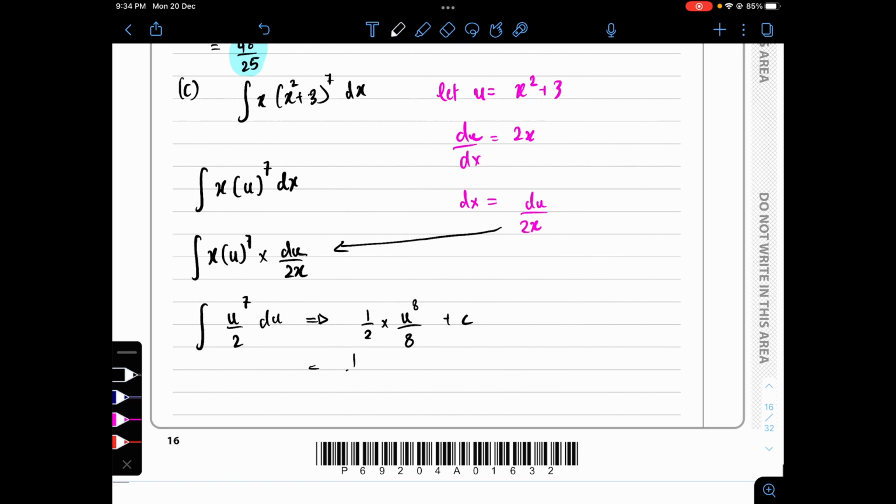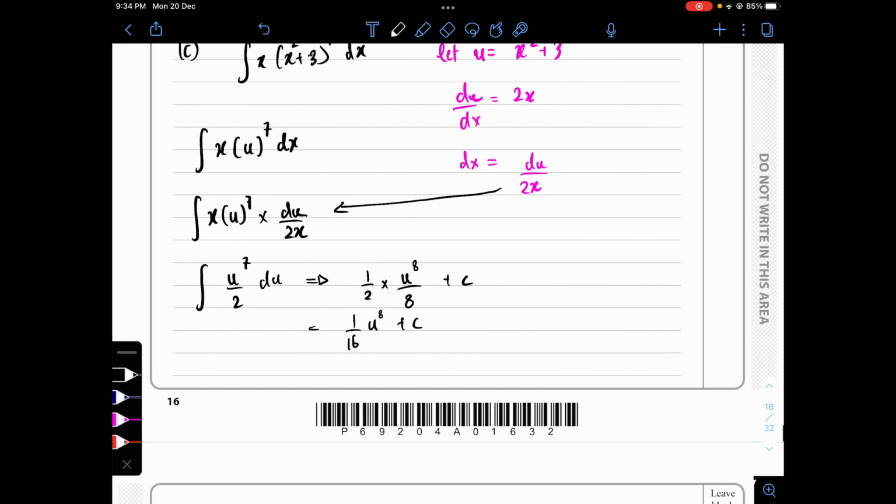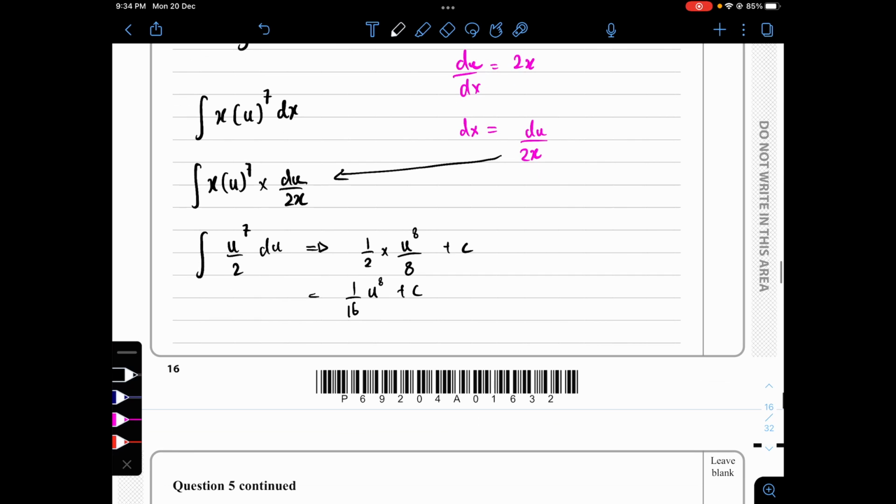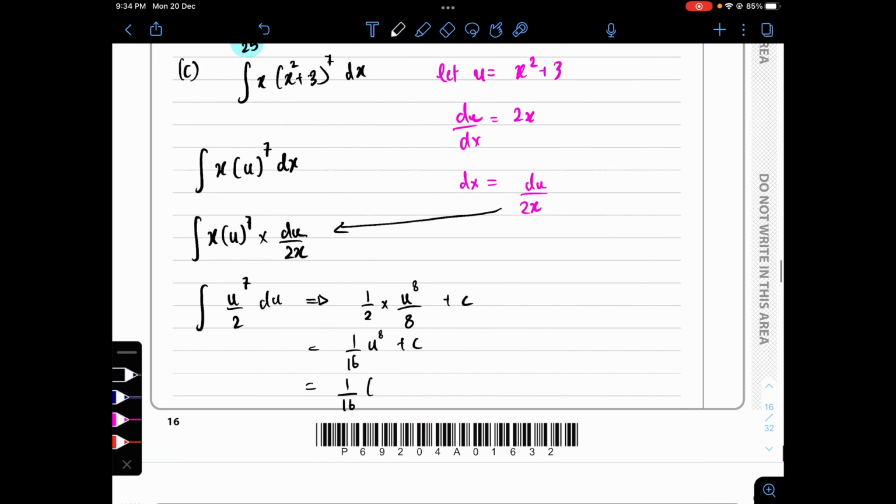That will be 1 over 16 u to the power 8 plus c. And then we have to substitute back everything in. So our final answer will be 1 over 16 times x squared plus 3, since u was x squared plus 3, to the power of 8 plus c. So that's our final answer.